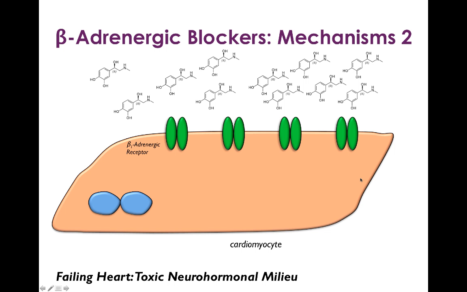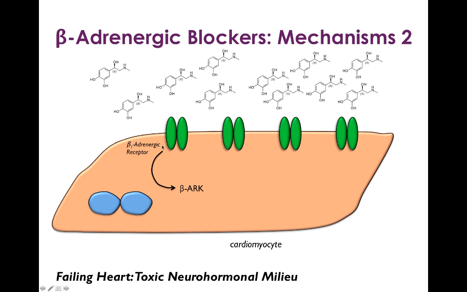And now the heart is frankly failing, and it's in a toxic neurohormonal milieu. If you use that term on the wards, I think you'll impress some people. So this is a toxic neurohormonal milieu, and there is a built-in negative feedback signaling mechanism in the adrenergic signaling cascade.